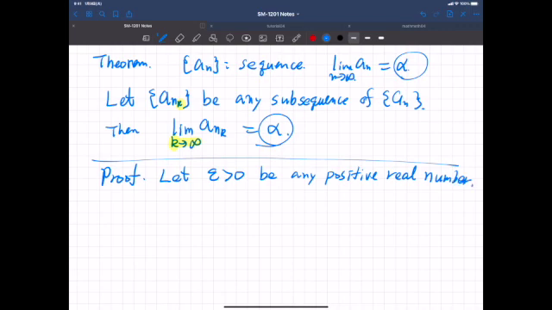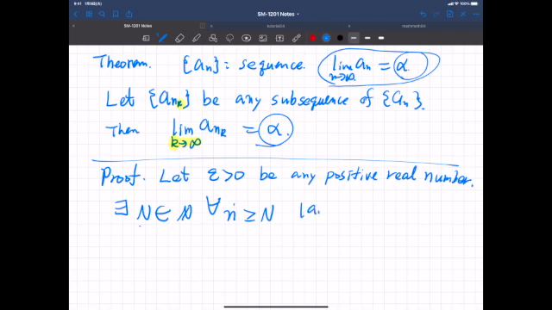Since we're assuming that the sequence a_n converges to alpha, we have the following statement: there exists some natural number N such that for all natural numbers n greater than or equal to this capital N, |a_n minus alpha| is less than epsilon.